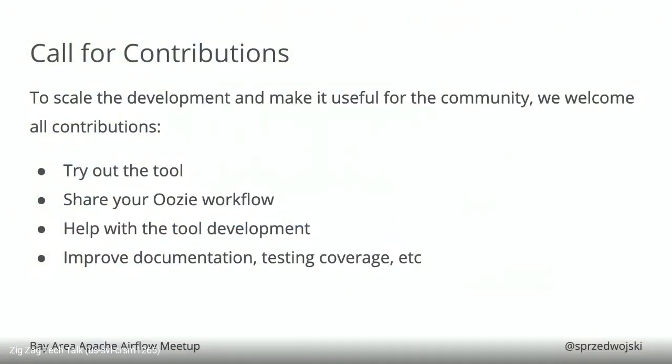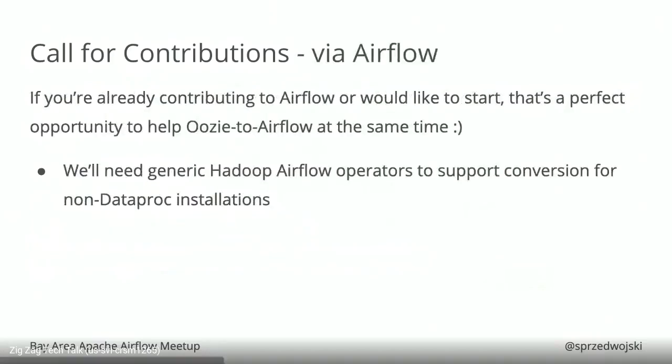There are many ways in which you could contribute to this project, either just by trying out the tool and possibly creating some issues in GitHub, or even sharing your Oozie workflows if you have some real life ones, so that we can have all the real life corner cases covered. Of course, you can also help with the tool development directly by contributing, or even by just improving documentation or adding some tests.